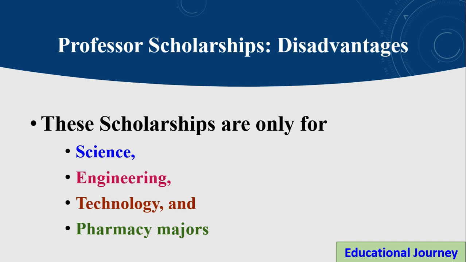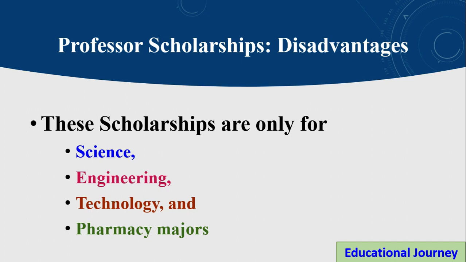So this is the disadvantage for those students who are from the arts majors, or they are from social sciences or business schools, or whatever is their field other than these four major fields. Why?